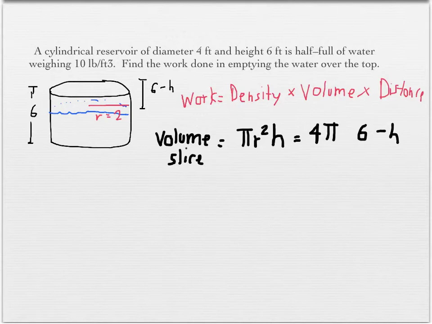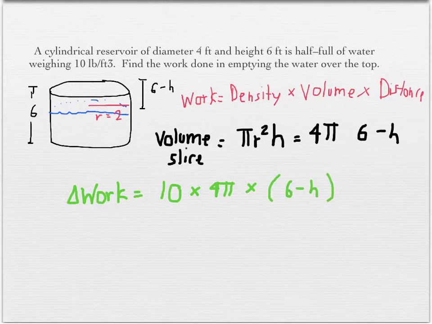Okay? So then if I actually figure out my work that I do here, and I'm going to switch colors, the change in work is actually going to be 10, and 10 comes from that density that they give us, and the volume then is going to be this 4 pi times that height, and then the height that we try to move this at is going to be that 6 minus h.